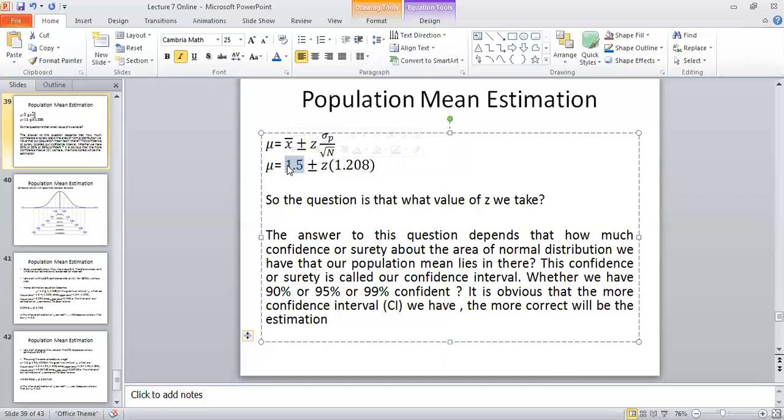So we are assuming that whatever sample mean we have got is going to be the estimate of the population mean, and the more area covered around this x bar, the better will be the estimation of the population mean. Because we know that the higher the value of z, the more area of the normal distribution is covered, and the lower the value of z, the less area is covered.